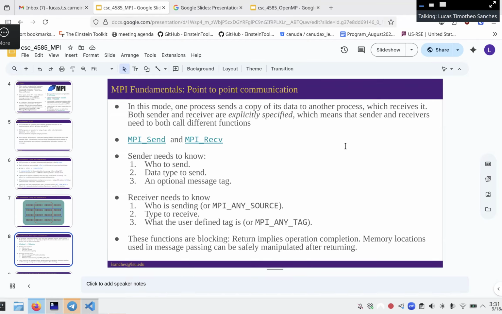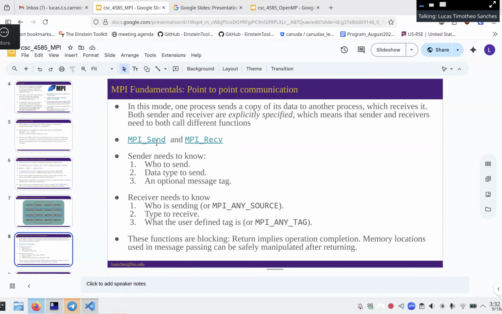So API-wise, if you are the process sending a message, you're going to call MPI send. And if you're the process receiving a message, you're going to call MPI receive. But remember, you wrote your program, you have a single source code that is driving the behavior of these two processes.